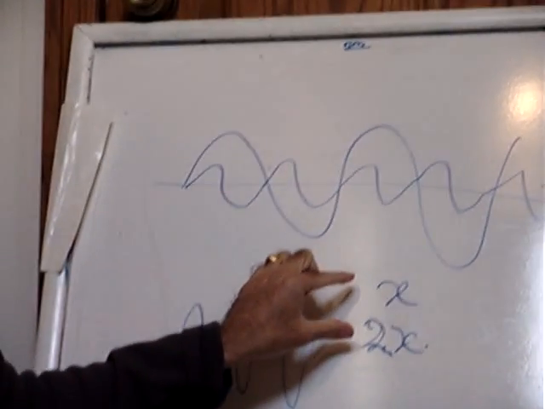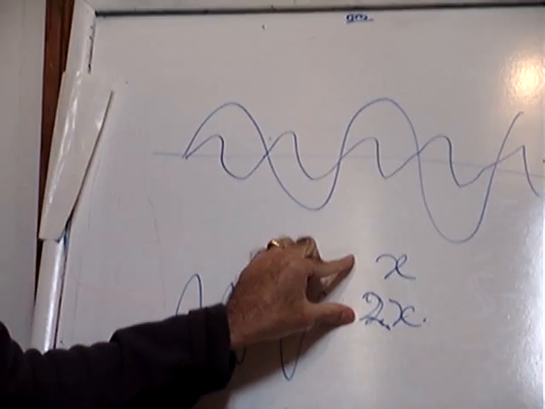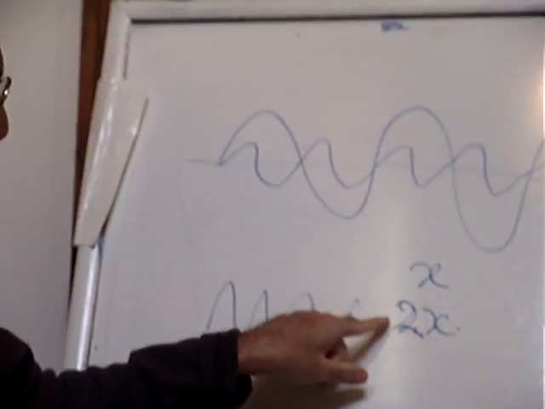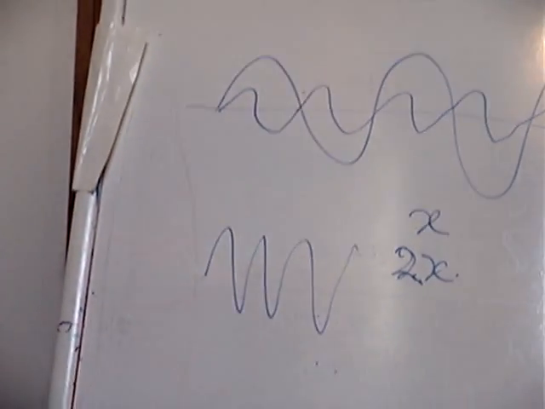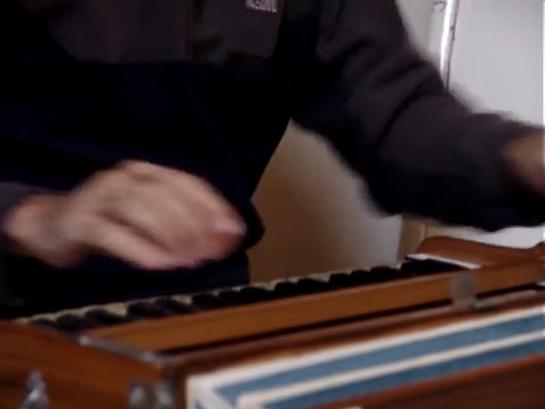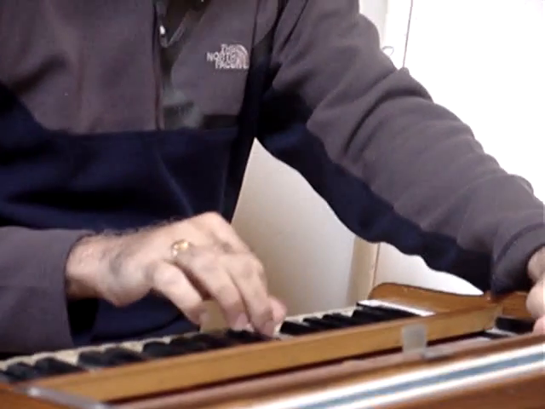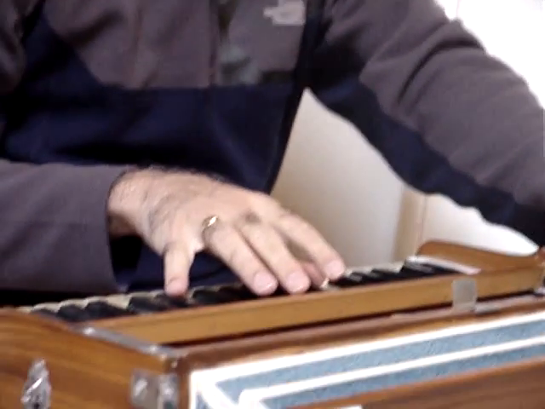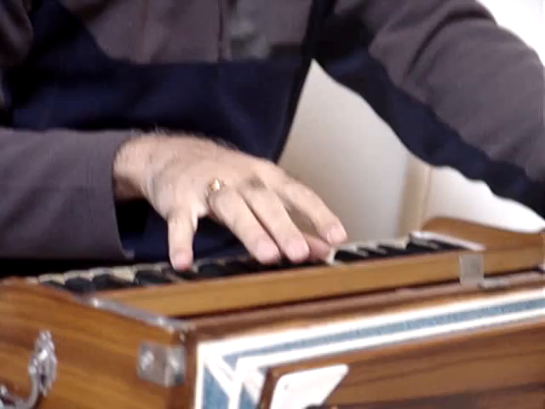And when you have these frequencies that are multiples of the same frequency, then you get a very harmonious sound wave. For example, if you pick a key, there is another key that's exactly twice the frequency, which also sounds the same.